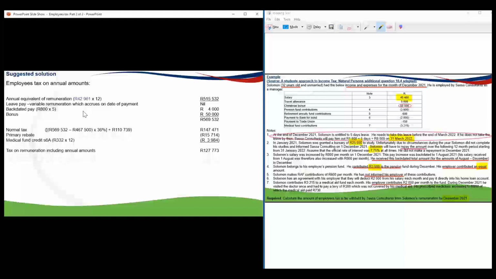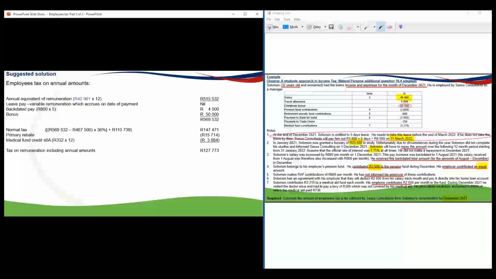Right, the normal tax on that will be the 147,471 less the primary rebate, which is 15,714, and then the 6A credits, 3,984. That will give us an annual tax of 127,733 on the annual amount.